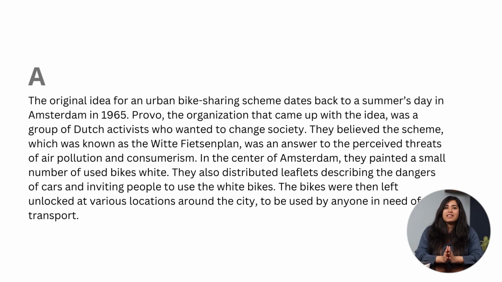Still on paragraph A, lines 5 to 7: "In the center of Amsterdam, they painted a small number of used bikes white. They also distributed leaflets describing the dangers of cars and inviting people to use the white bikes." Point to note, distributed equals handed out. Describing the dangers of cars equals condemn the use of cars. So the answer here is leaflets.